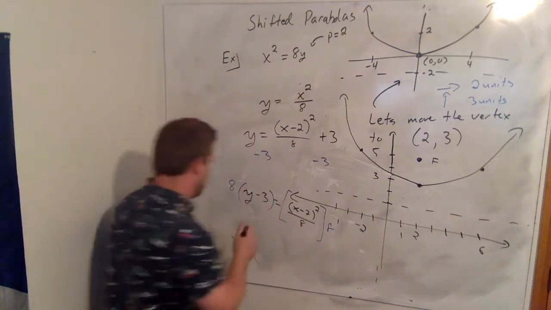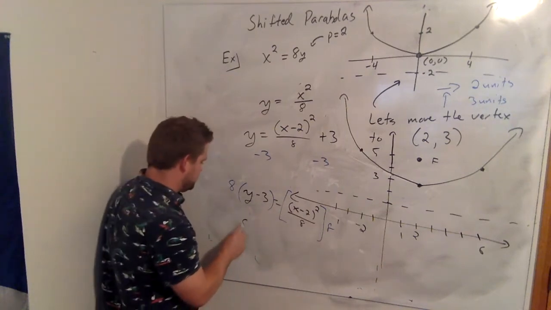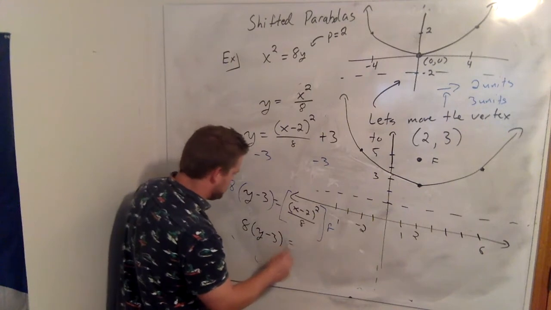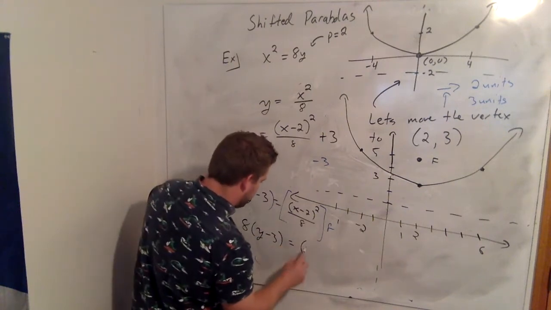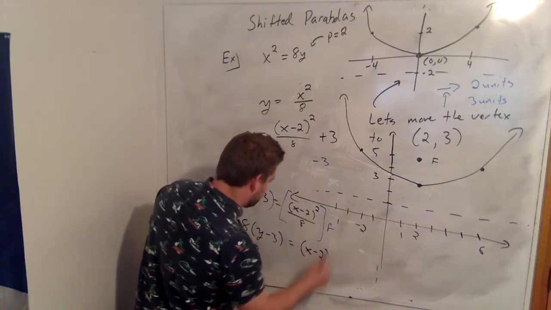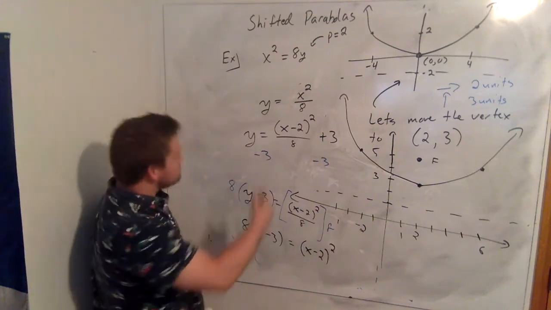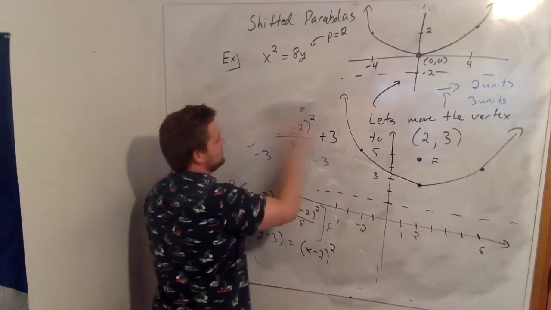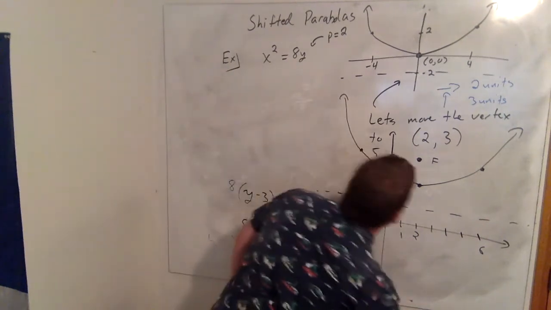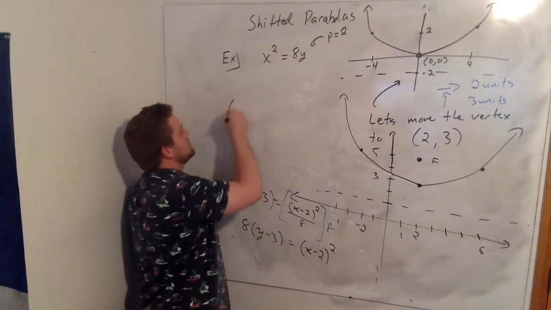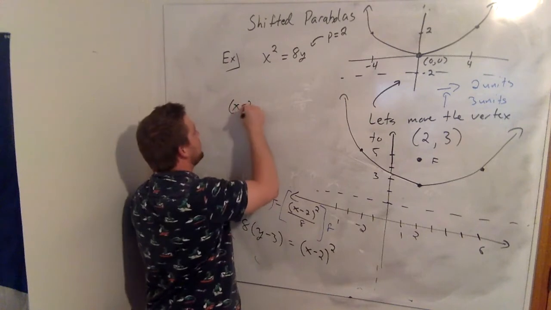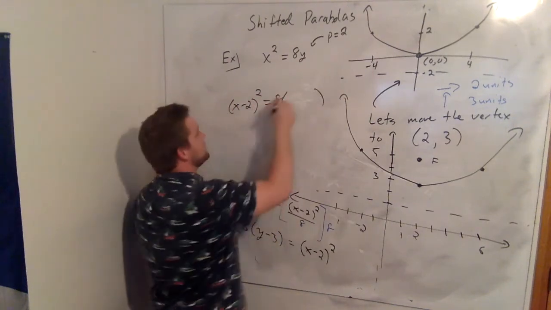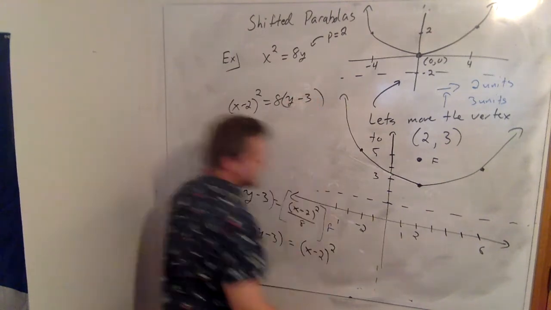So we'll have 8 times (y minus 3) is going to be equal to (x minus 2) quantity squared. I'm going to write it up here, erase some of this. We'll have the equation (x minus 2) squared equals 8 times (y minus 3).